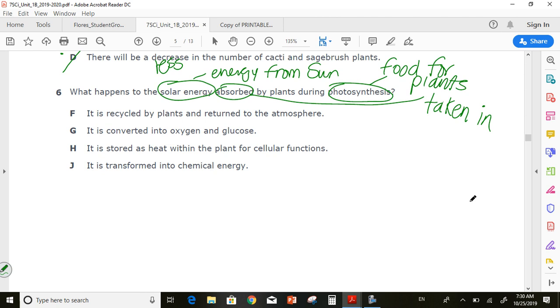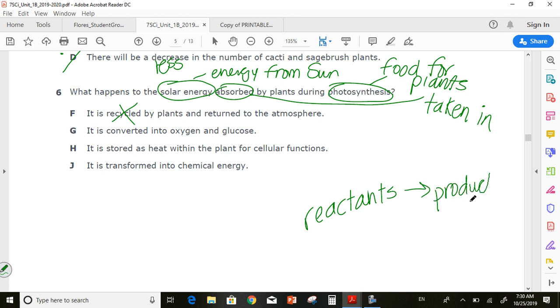So let's see. It is recycled by plants and returned to the atmosphere. We haven't even talked about recycling, and plants don't do that. Photosynthesis is a process, so something else comes out. There are reactants, things that go in, and then we get a product.